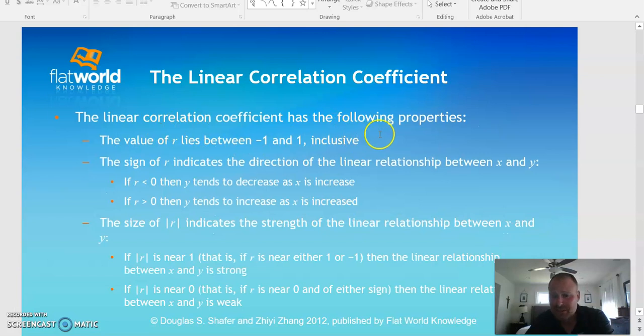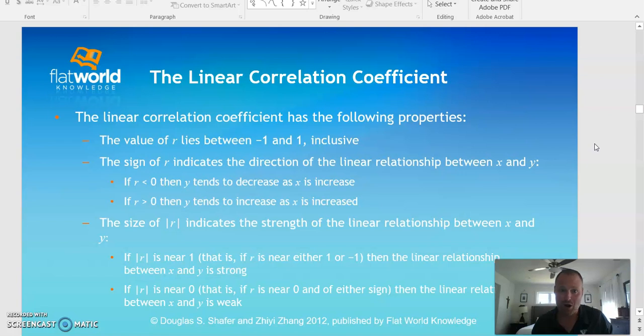So this is just a more in-depth understanding of what the correlation coefficient tells us. Basically, and this is what I already told you before, the value of r will always lie between -1 and 1 inclusive. It will always lie there, okay? The sign of r indicates the direction of the relationship.